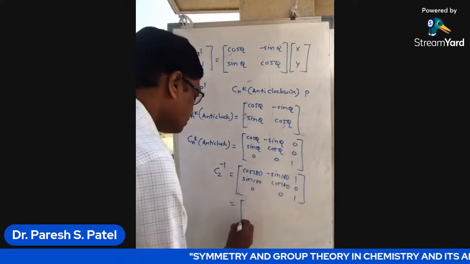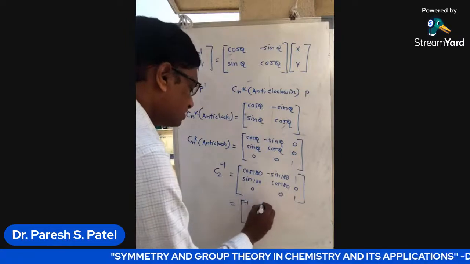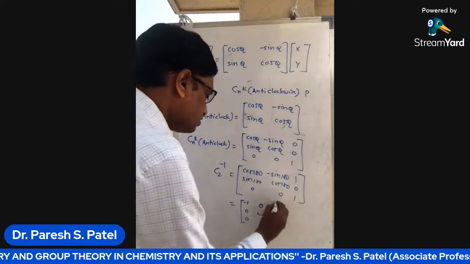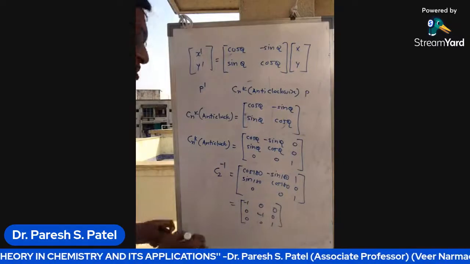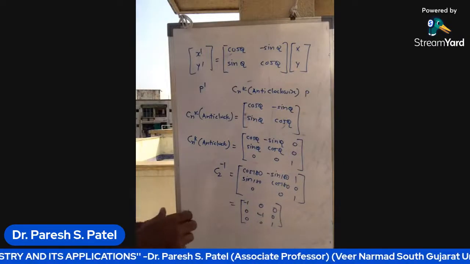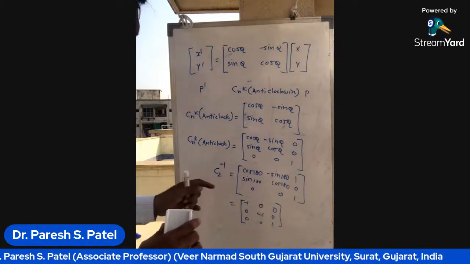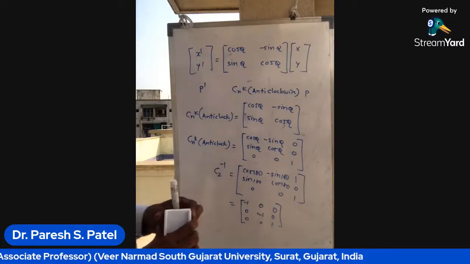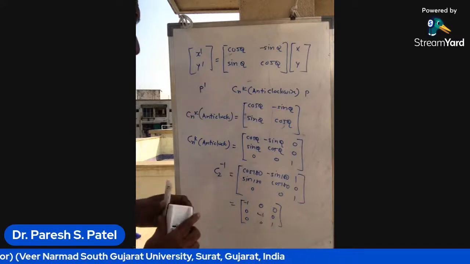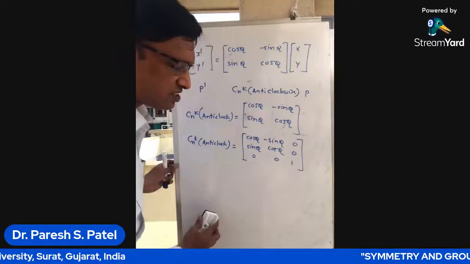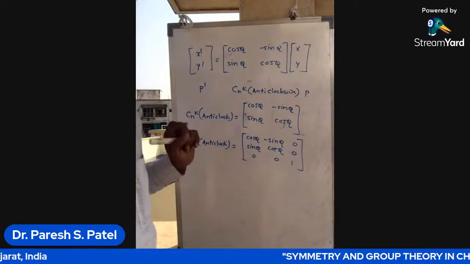So this is equal to minus 1, 0, 0, 0, minus 1, 0, 0, 0, 1. So this is the matrix representation for C2 inverse. So dear students, this is the matrix representation for anti-clockwise rotation, and we have to remember these equations to get the matrix representations for anti-clockwise rotation.